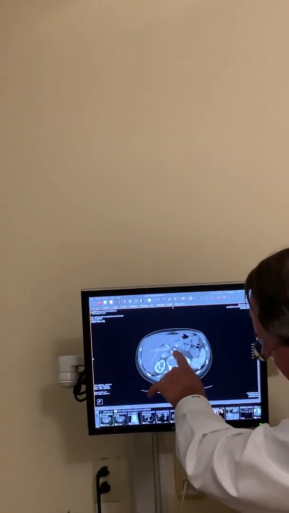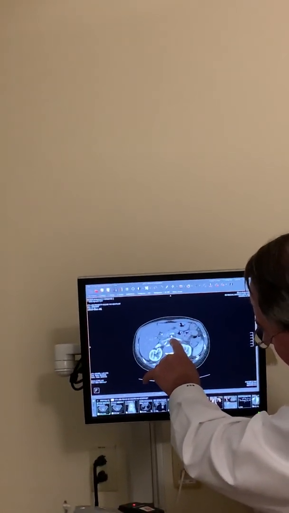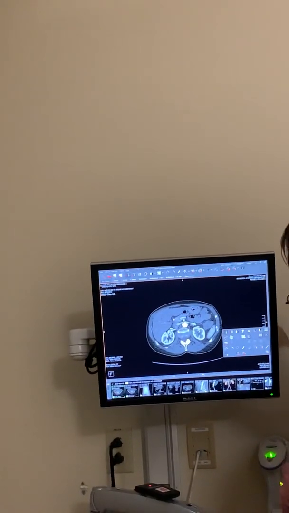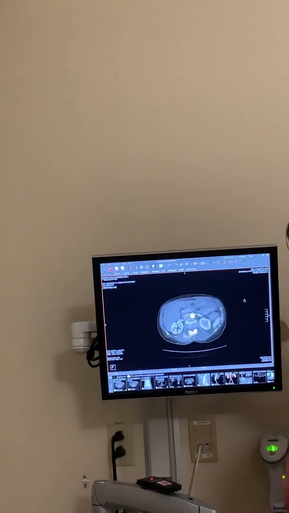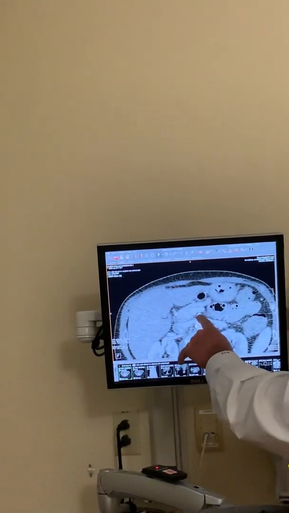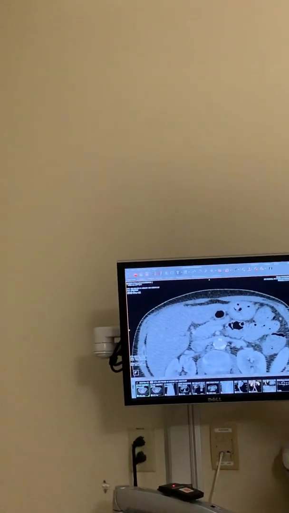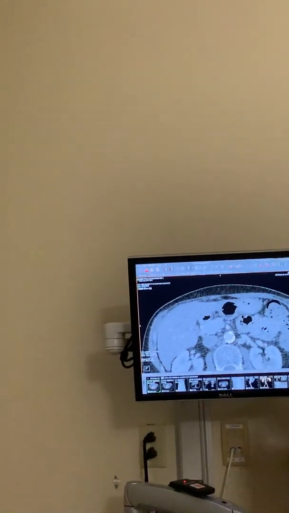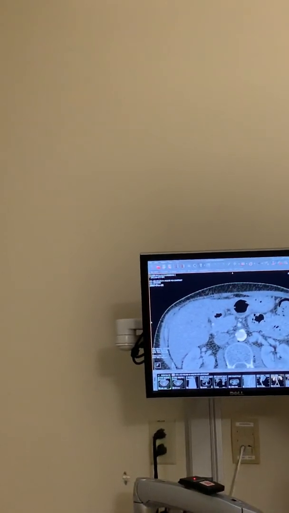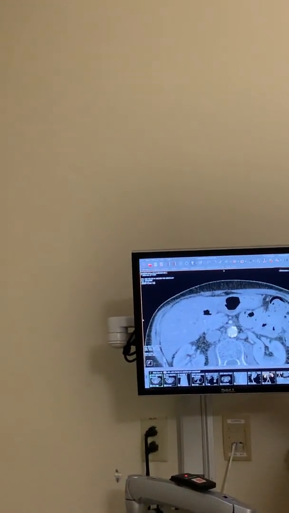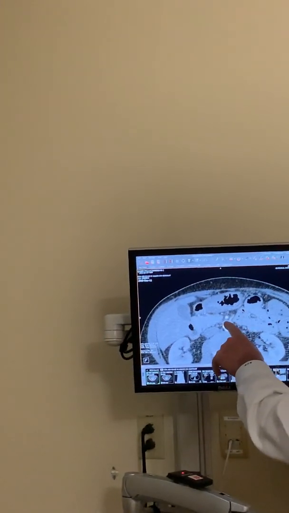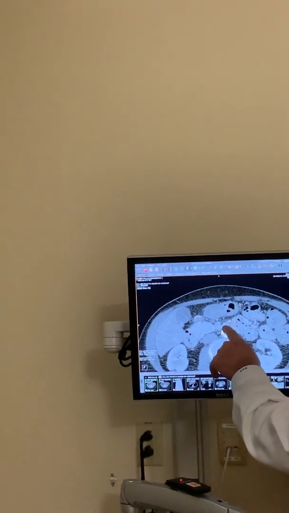So anyway, here's the artery that goes to the intestines. Let me make it a little bigger so you can see it. Here's that artery. It's going to come down, and you can notice we're coming a fair distance down. Now here's some calcified plaque in your aorta, so you do have some arterial atherosclerosis. There's a branch coming off, some more branches.